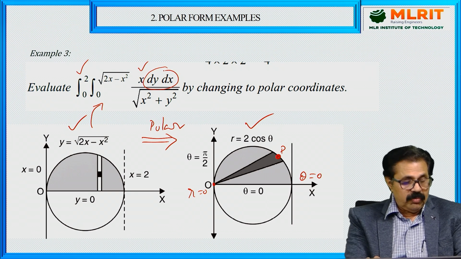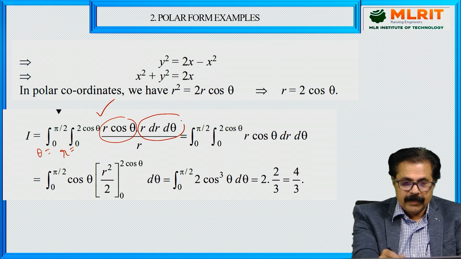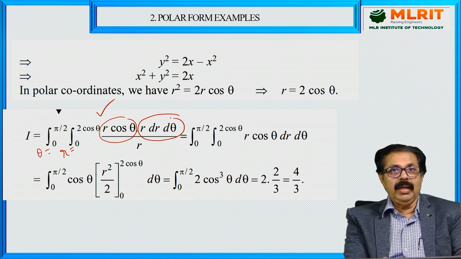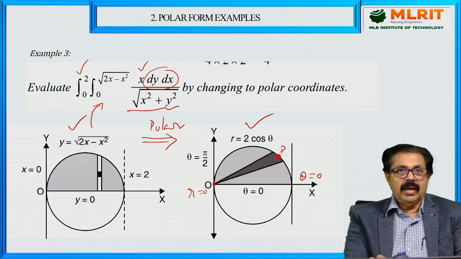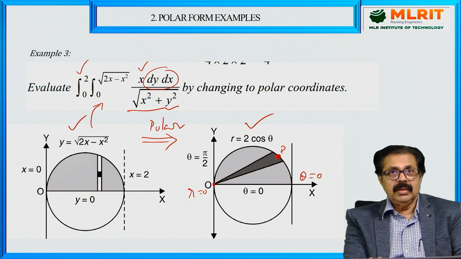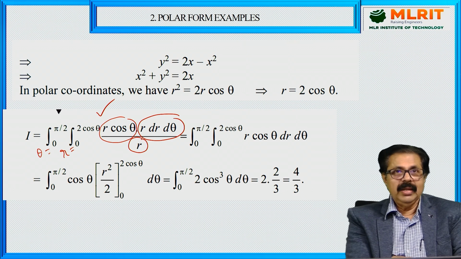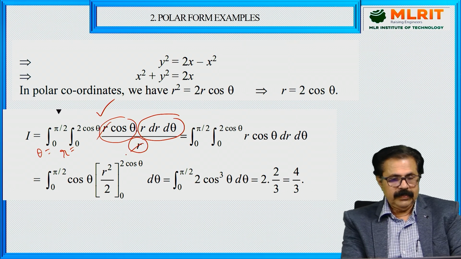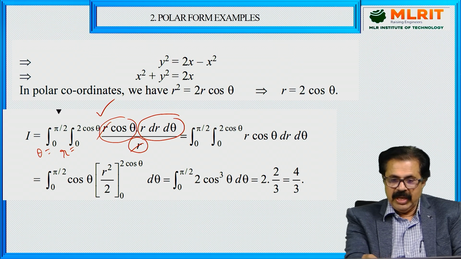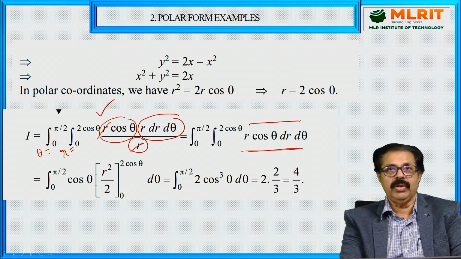I told you that once you convert into polar form, it becomes r dr d theta. And finally, the denominator under root x square plus y square becomes r. Now simplify, that r will get cancelled. Limits will be the same, of course: r cos theta dr d theta. So that is what you have to integrate.